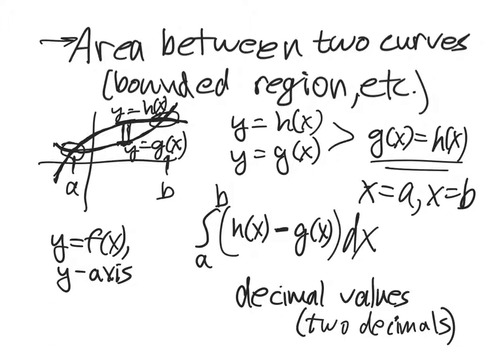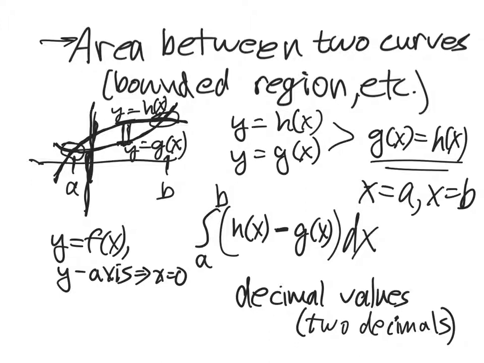What's another way of saying the y-axis? Y is equal to 0. No. Oh. X is equal to 0. You got me. So y-axis would be where x equals 0.